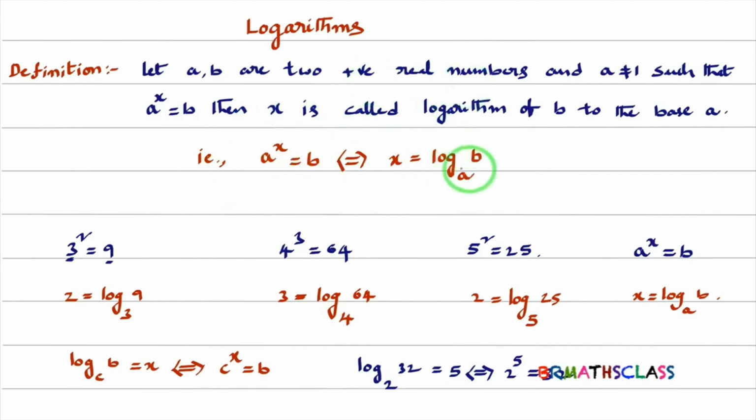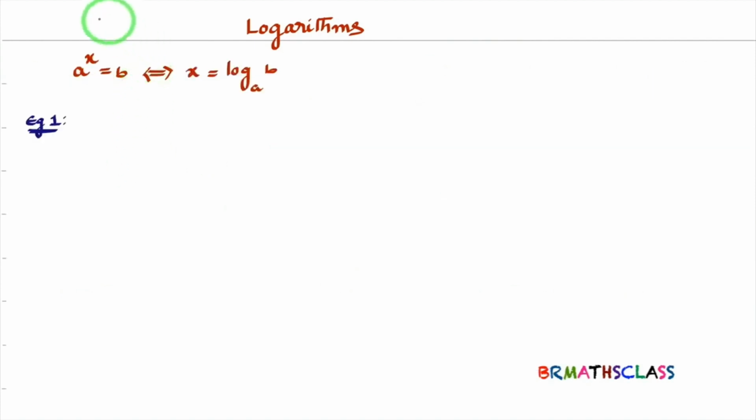Why a not equal to 1? That we'll understand in the coming examples. So what we learn: when you see a power x equal to b, then x is called the logarithm of b to the base a. After the examples, you will get more clarity about this definition of logarithm.